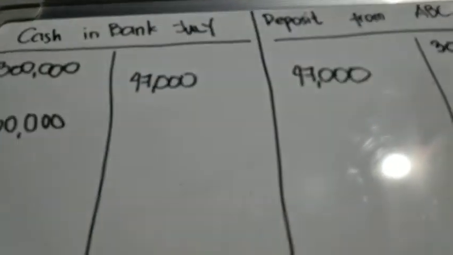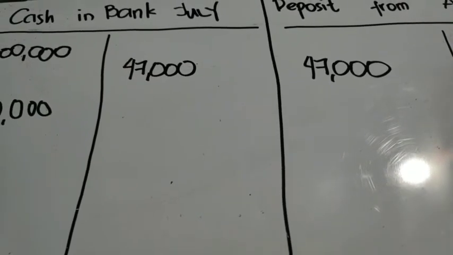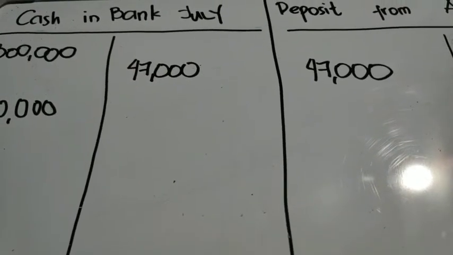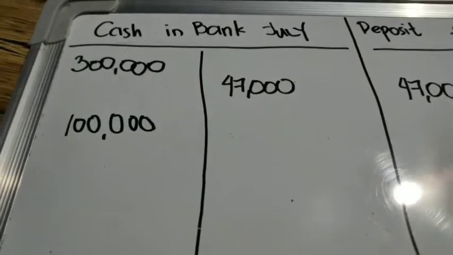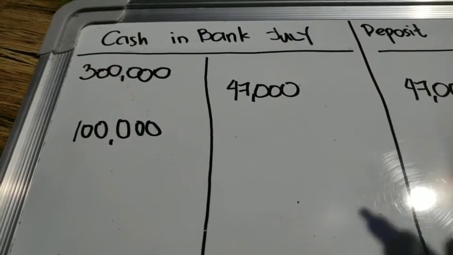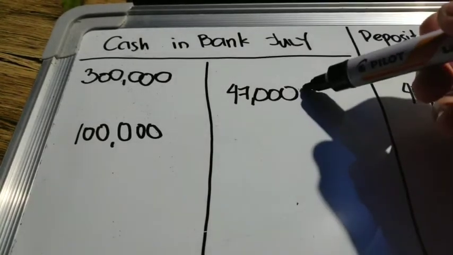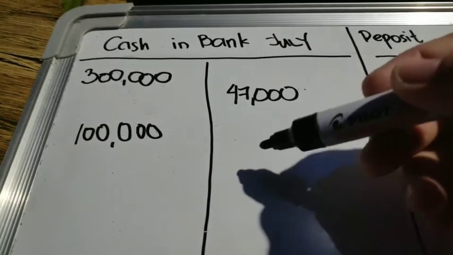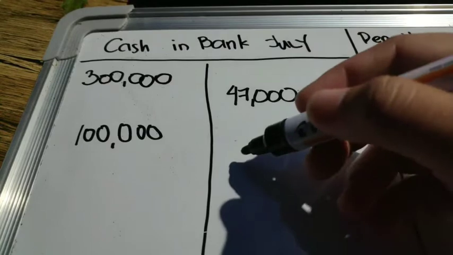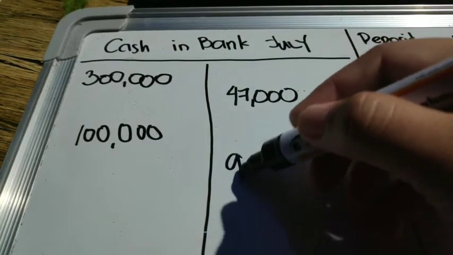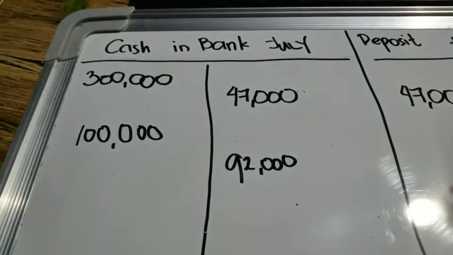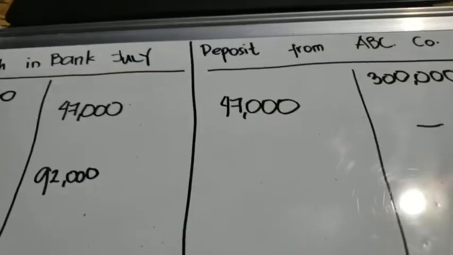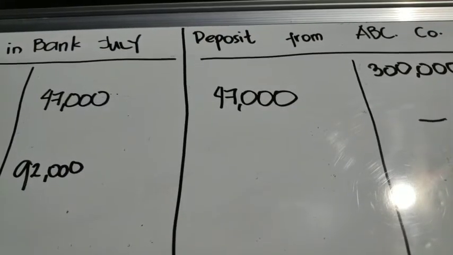So, dili nato ibutang si 92,000 didto kang bank kay wala pa man siya na in cash. So, when a company issues a check, diri day nimo ibutang si issue a check, meaning naay nigawas nga kwarta sa company worth 92,000. Will you reflect it to the bank? No, you cannot reflect it to the bank.